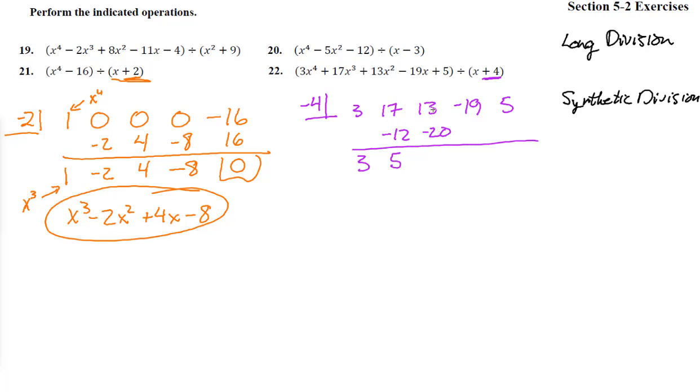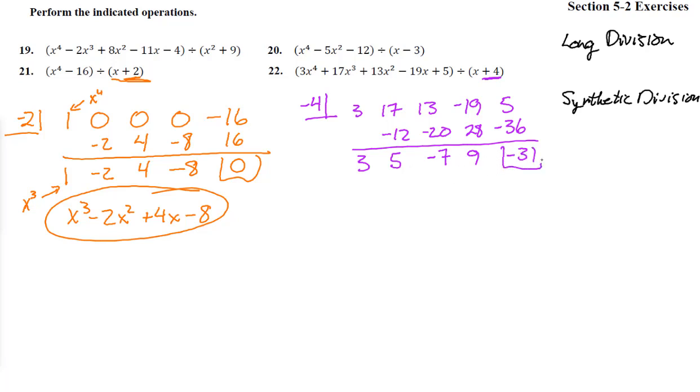13 plus negative 20 is negative 7. Negative 4 times negative 7 is a positive 28. Negative 19 plus 28, that's a positive 9. Negative 4 times a positive 9 is a negative 36. So we end up with a negative 31.